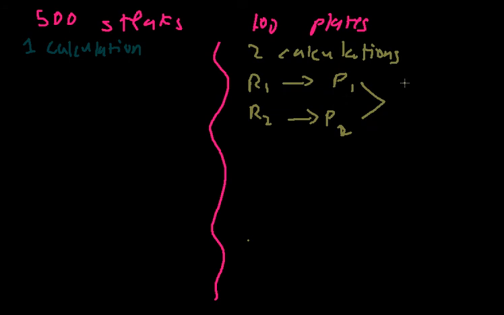We then compare them and see if P1 is greater than, less than, or equal to P2. If P1 is greater, it's counterintuitive, then reactant 2 is the limiting one. If P1 is less than P2, then reactant 1 is limiting. And if they're both equal, then we don't have a limiting reactant.